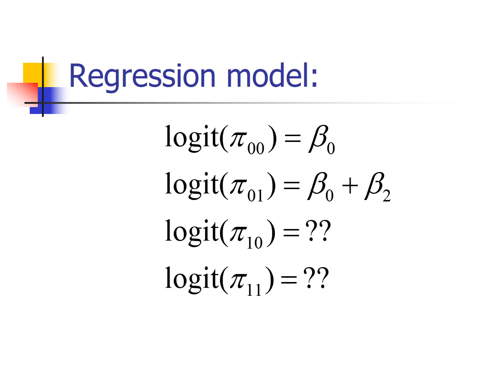And since x1 and x2 are dummy variables, we can go ahead and solve for these different things. The logit of pi 0,0 is a female non-smoker, so we plug 0 in for x1 and 0 in for x2. Those zero out, and we have just beta naught. Logit of pi 0,1, what would that be? I think that's a female smoker, so it's beta naught plus beta 2.